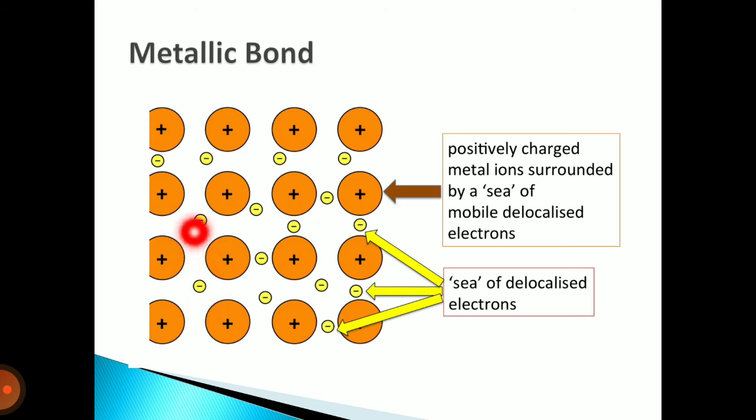You cannot locate the electrons to a particular metal atom. They keep moving randomly throughout the crystal structure, whereas the position of these positively charged metal ions is fixed. These positively charged metal ions are called as kernels. So the metallic structure is said to be positively charged metal ions surrounded by a sea of mobile delocalized electrons.